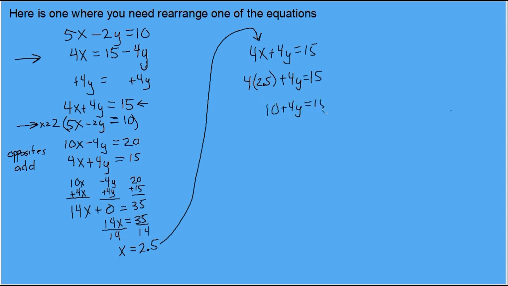I got to subtract 10 from both sides, and I get 4y is equal to 5. Divide both sides by 4, and I get y is equal to 1.25. So the answer for this system of equations is, in parentheses, 2.5, comma, 1.25.